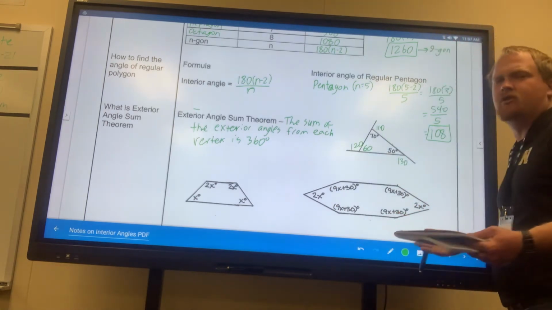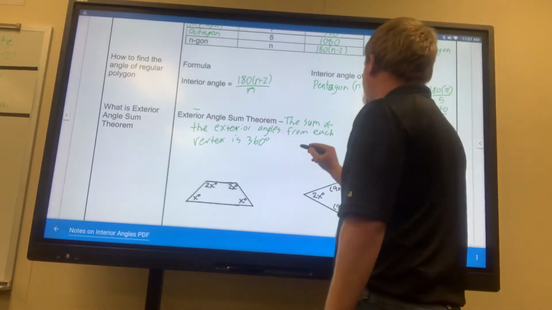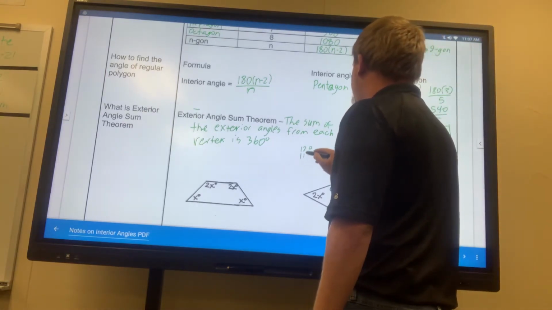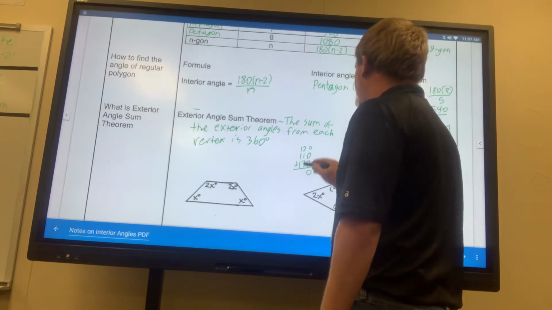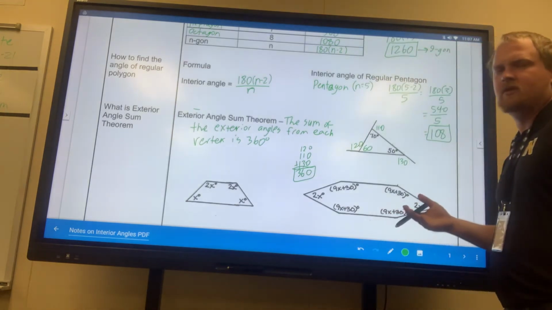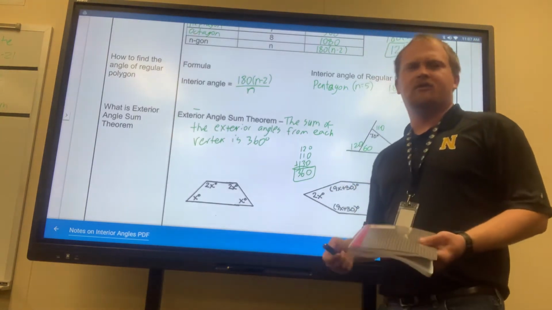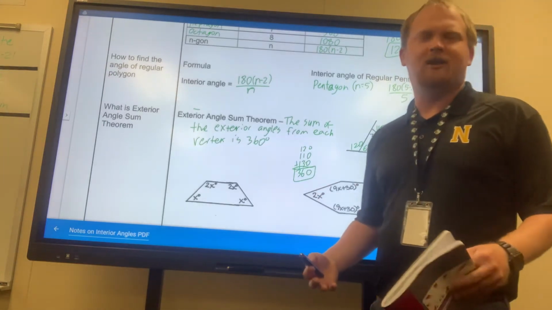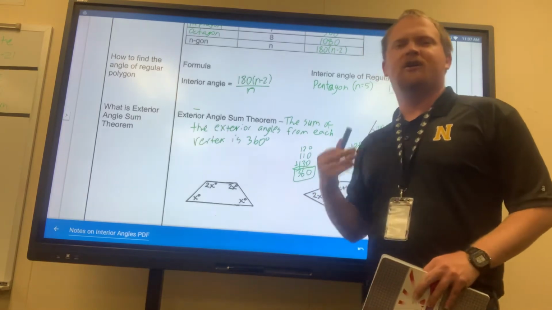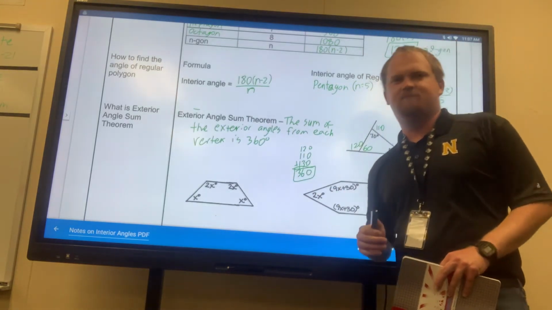This is just to show y'all how it works. So if I add 120 to 110 and 130, I end up getting 360. And I can do the same thing with a quadrilateral, a pentagon, an octagon, a 20-gon, whatever the case may be. All the exterior angles add up to 360. Okay?